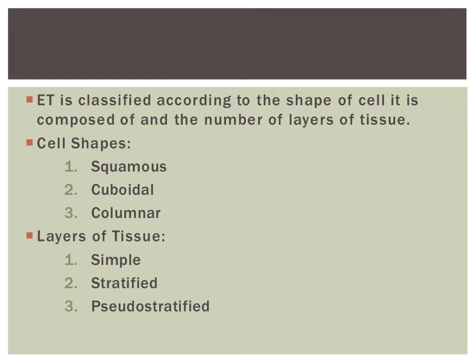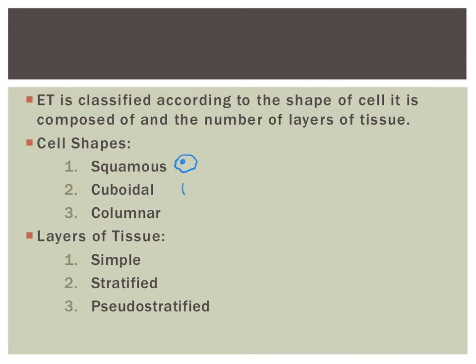Classification for epithelial tissue is according to the shape of the cell as well as the number of layers of tissue. So I'm going to attempt to draw some of these very quickly, and then we'll go through them more in depth. But for cell shapes, squamous is just kind of roundy, flat looking, okay, nucleus.